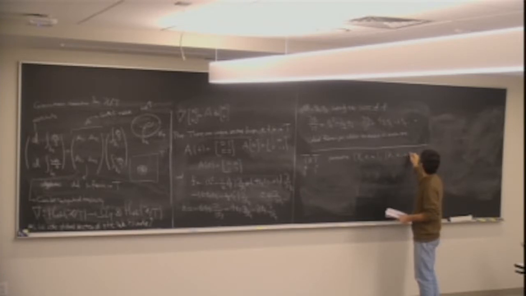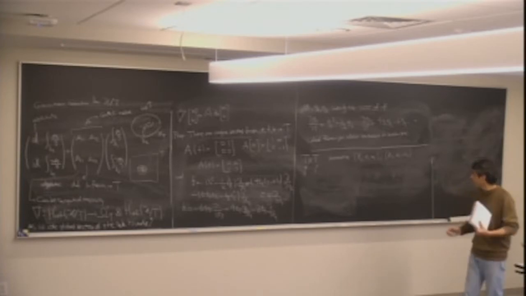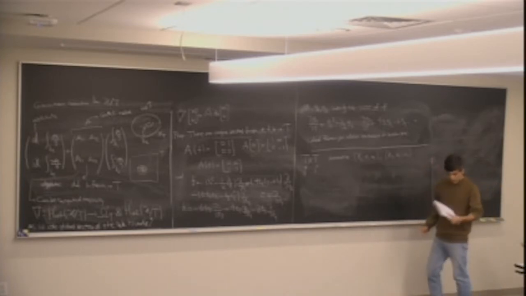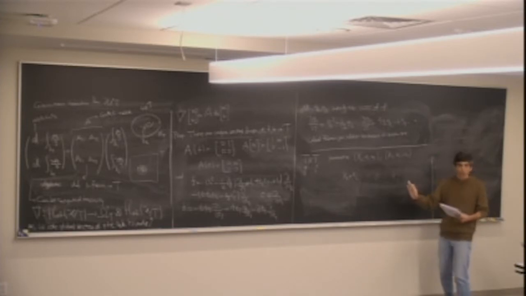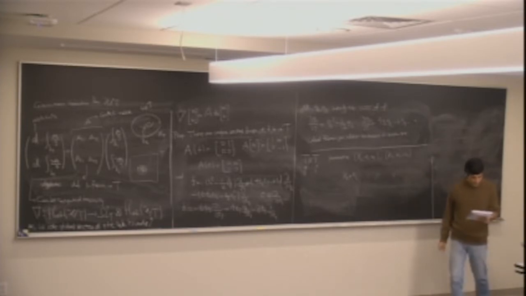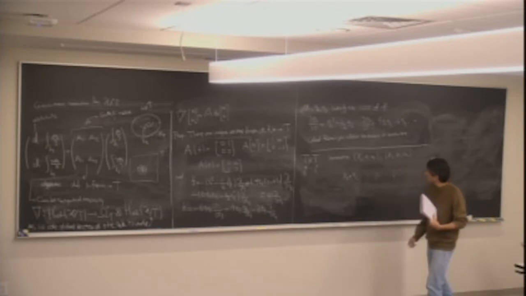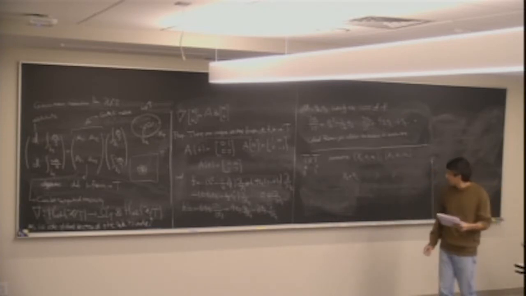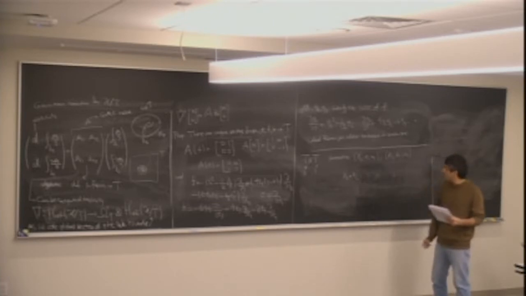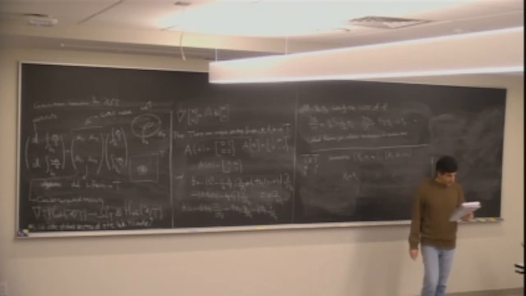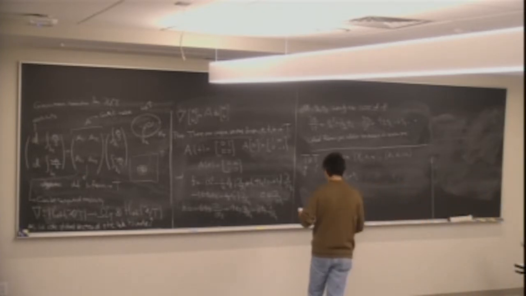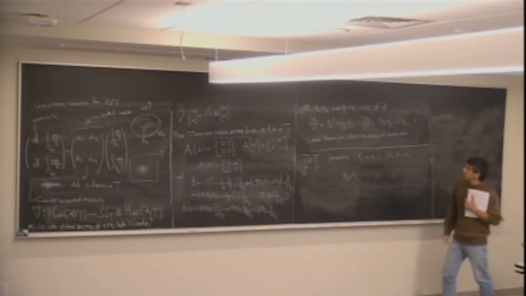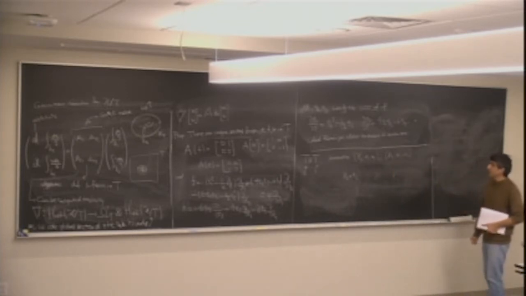Again, I want to talk about X1 times X2. In order to introduce the Hodge locus, I need a parameter space.